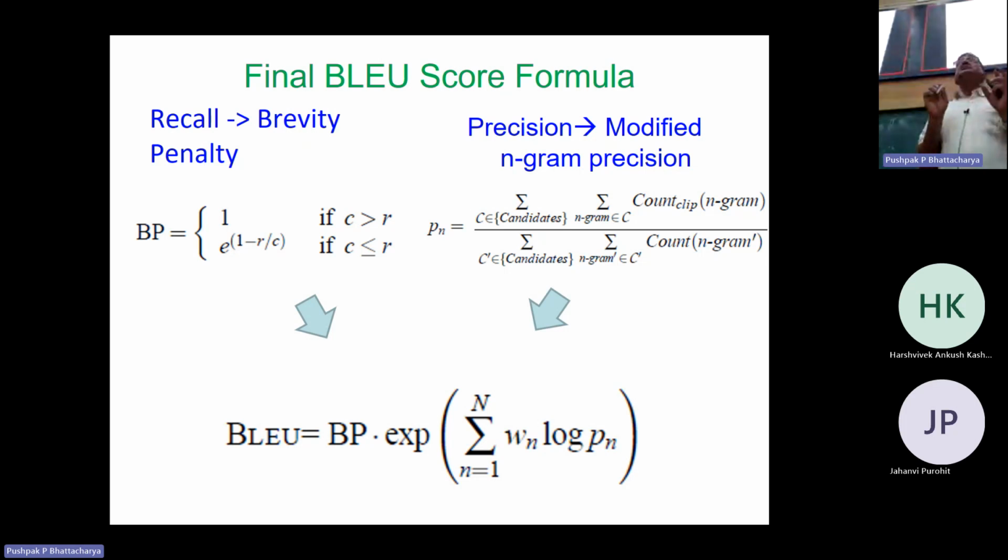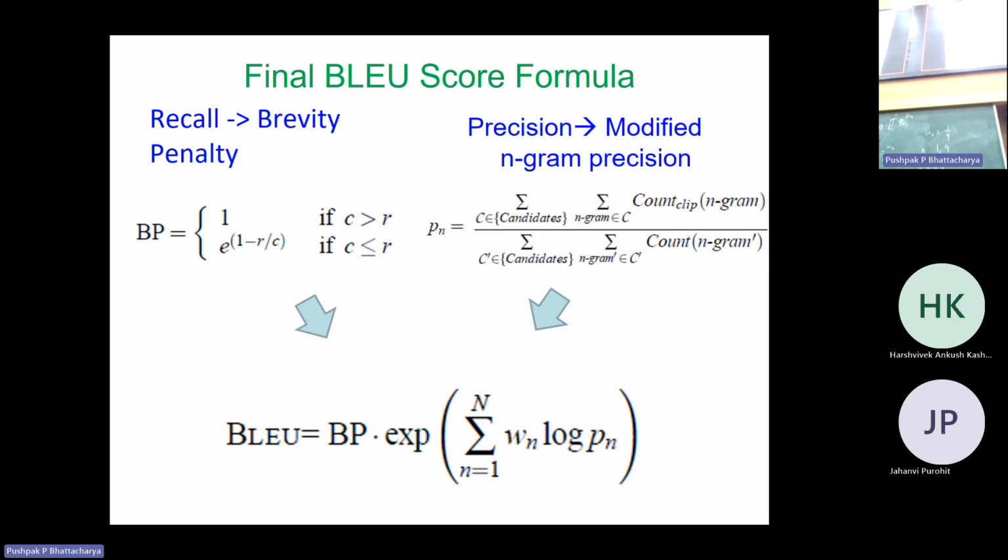Wn is the weightage given to the n-gram precision. And this Wn should sum to 1. Now if we make Wn equal to 1 by 4, and n goes from 1 to 4, then this will be the fourth root of P1, P2, P3, P4, which is nothing but the geometric mean of the 4 precisions.